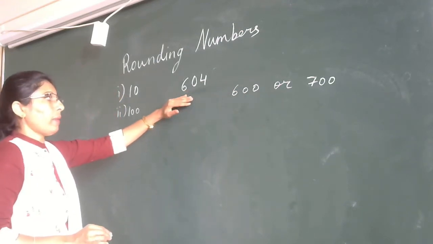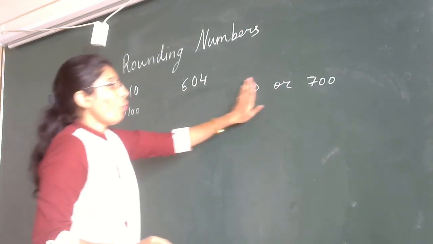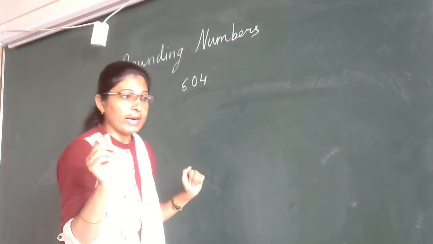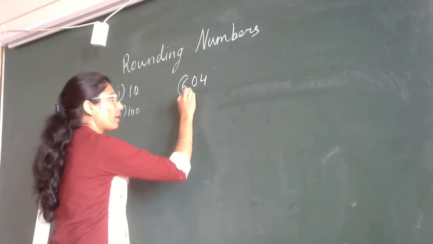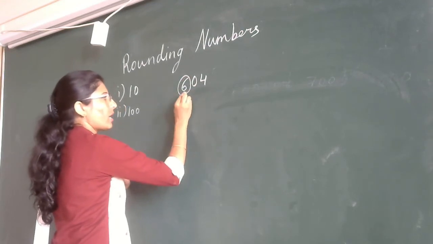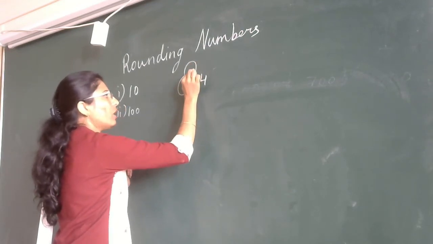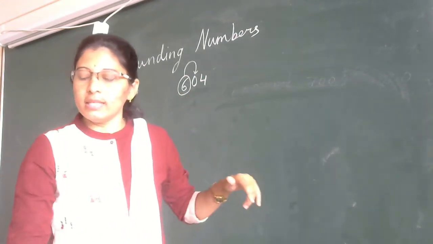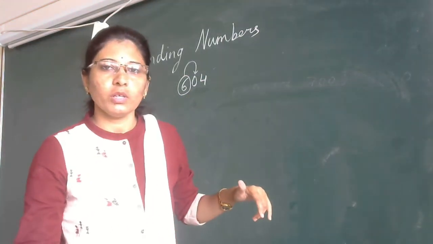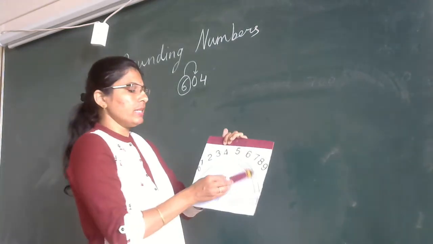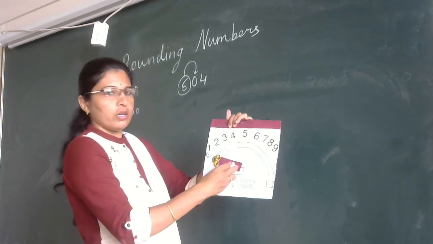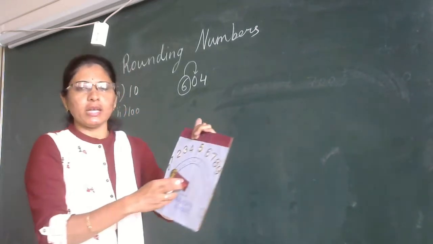But there is one method. So what we have to do? We are rounding up to hundreds, so we have to circle the 100 place. Ones, tens, 100, and we have to see the previous number. Previous number is 0. So previous number is 0 means it comes this side, that is smaller.